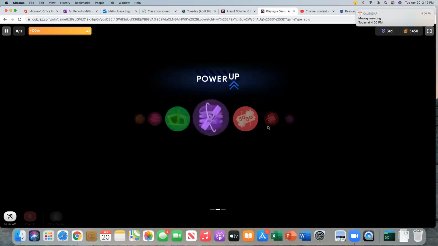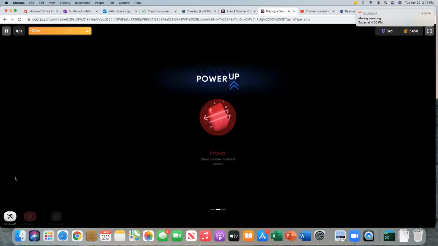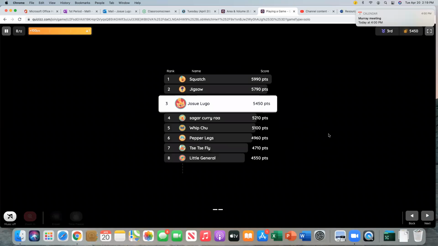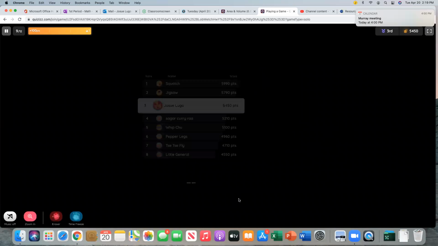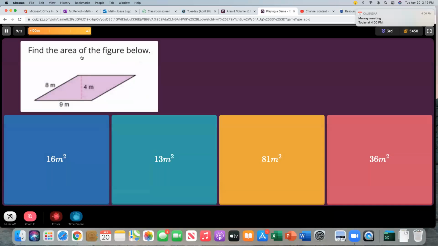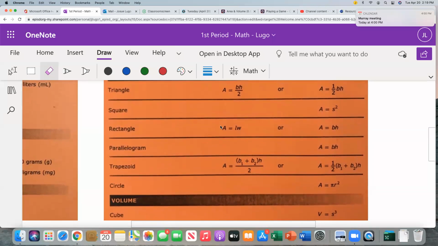All right. Let's move on. Next one. All right, find the area of the figure below. Ladies and gentlemen, this is a parallelogram. And if you remember from class, a parallelogram is actually very simple, the same as a rectangle.